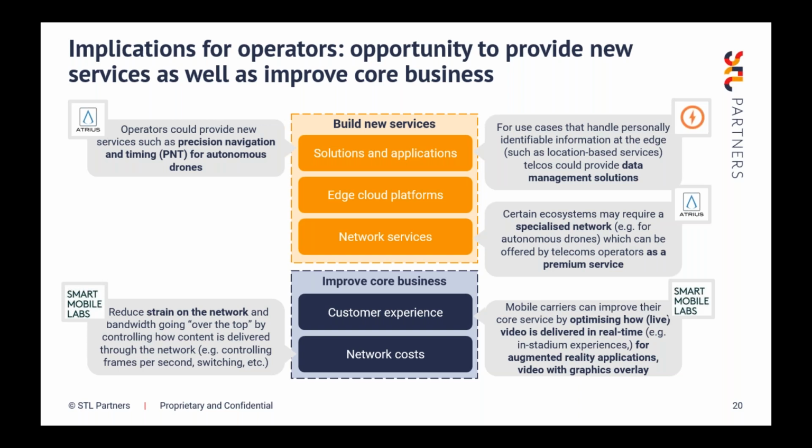Some of which, a lot of these use cases are around increasing the use of data. So there are some kind of data management solutions that Radius Network suggested telcos could provide, or also could be specific applications within specific domains, like providing navigation and timing services for enabling drones to navigate autonomously.